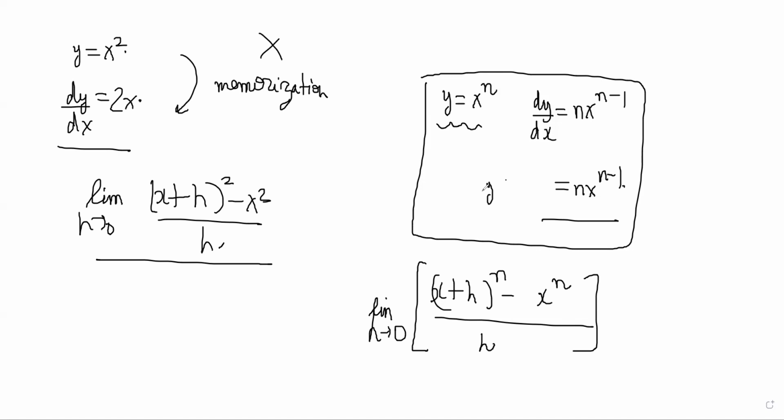Correct? Okay. So what we will do is, once you know the derivative rules, right now you only know the derivative table of some of the values. Like y is equal to e power x, dy by dx is also e power x, right?